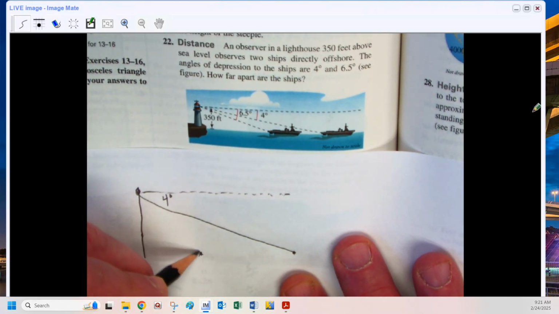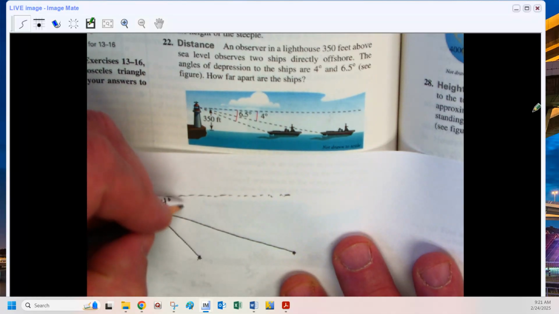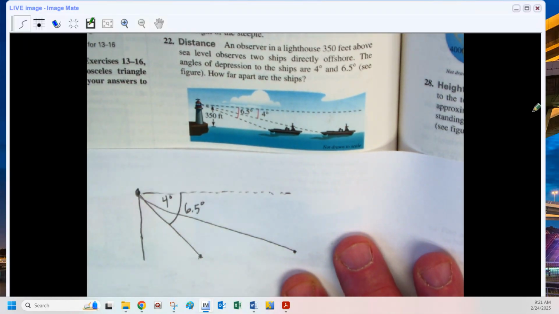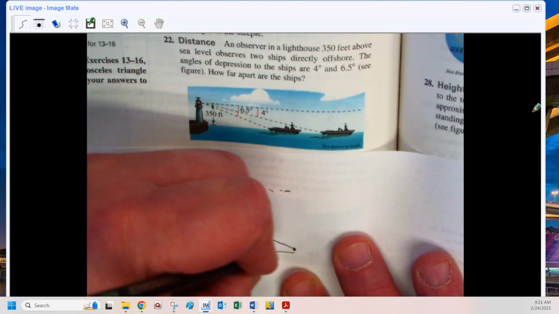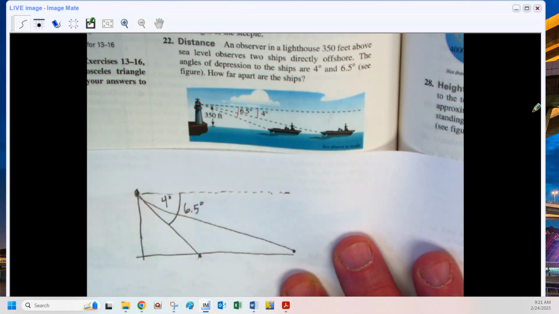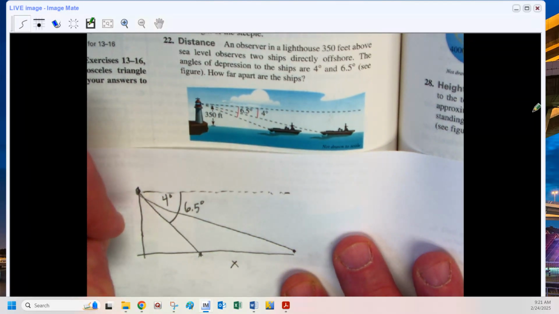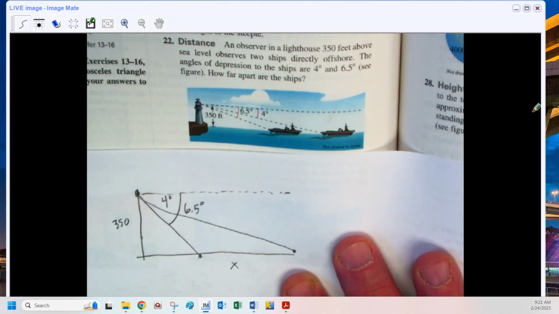I am not drawing this to scale at all. And then this angle here, that whole thing, is 6.5 degrees. And they want to know this distance between the ships, so we'll call that x. And we do know that the height of the tower is 350 feet.